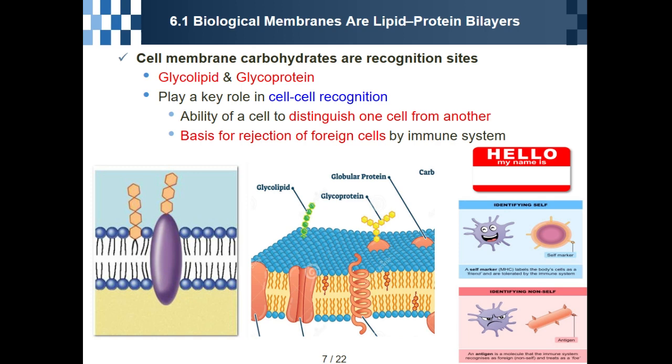Based on this name tag, some cells can recognize themselves, or some cells recognize others as enemies. So glycoproteins and glycolipids are the basis for rejection of foreign cells by the immune system. Our cells can recognize the foreign cell based on these glycoproteins and glycolipids. So this is the name tag.